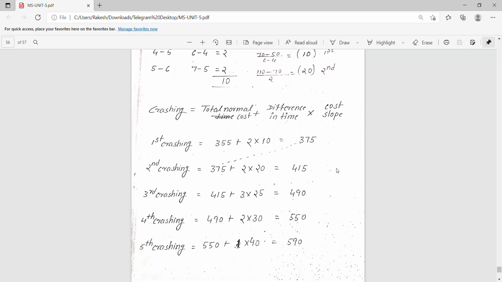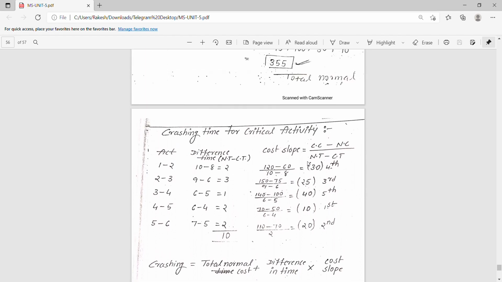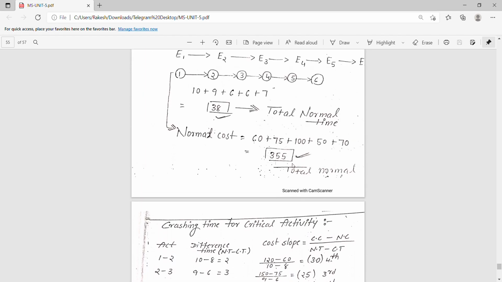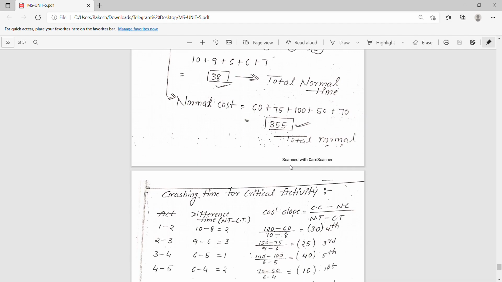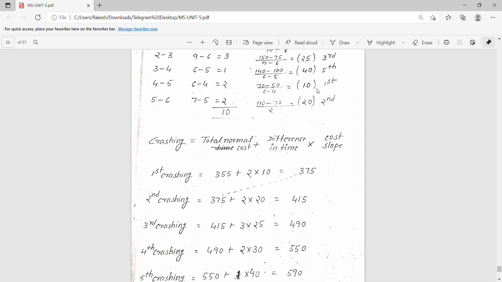Next, we have the crashing formula: total normal cost plus difference in time into cost slope. First crashing equals the total normal cost, which is 355. After the normal cost only it is going to crash, so 355 plus the difference in time. As it is going to crash first, you get 2 as the difference in time.